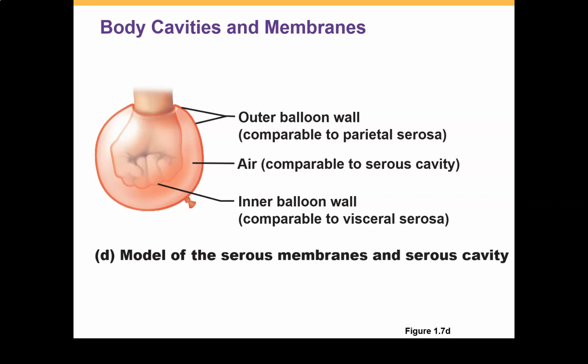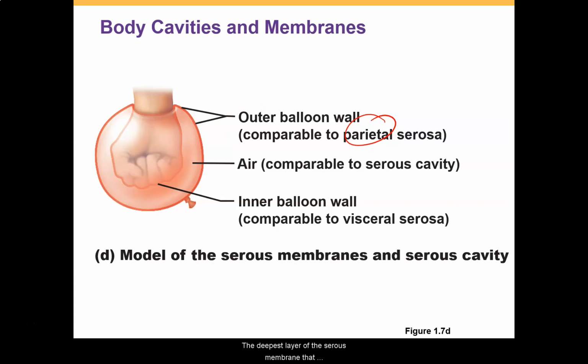So for example, what is the name of the most superficial layer of the serous membrane that contains the lungs? The serous membrane that contains the lungs is the pleural serosa. The outermost layer would therefore be the parietal pleura, because we're talking about the pleural serosa.